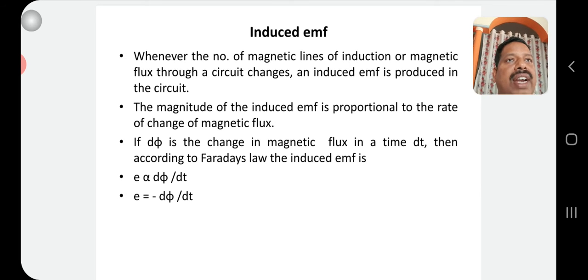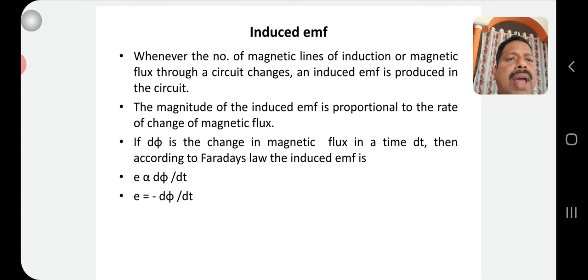The scientist Faraday himself introduced this concept, and he measured the amount of electromotive force induced in a circuit. So now we are going to give the definition of EMF, and later on we are going to discuss the origin of EMF or induced EMF in a conductor moving in a magnetic field.